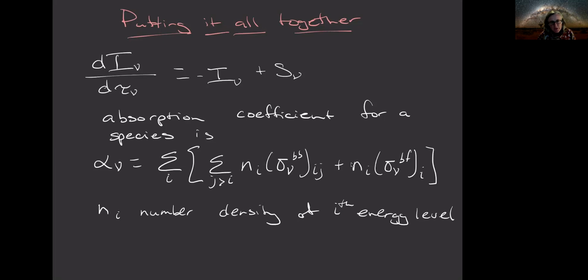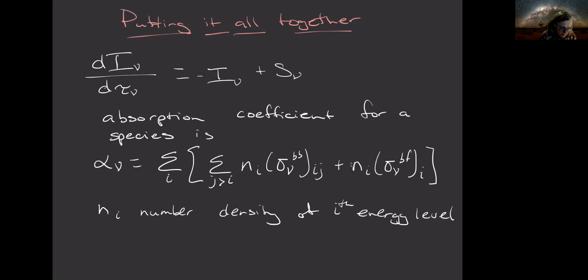So this absorption coefficient, though, is a function of frequency. There may be a non-zero absorption coefficient at one frequency, and then it may be zero at another frequency, because it is quantized by the energy levels inside our atom. And that means that when we work through the radiative transfer equation, the absorption coefficient has varying values at different frequencies throughout.